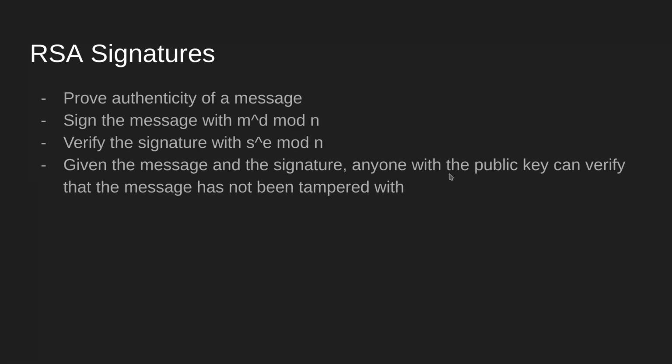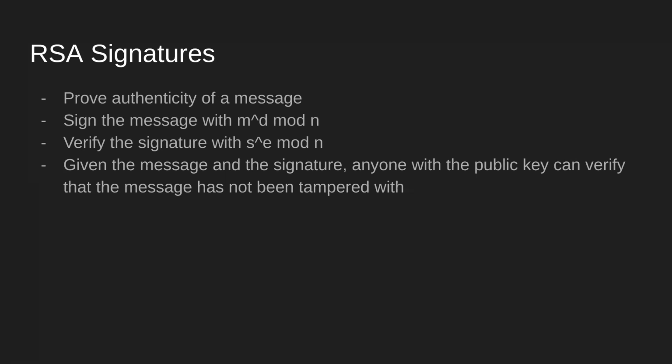RSA signatures allow you to prove the authenticity of a message. So for RSA, and this is not true for all asymmetric cryptographic protocols, RSA allows you to both encrypt and sign messages. For signing messages, you raise a message to the power of your private exponent, and then to verify the signature, you raise the signature to the power of the public exponent.